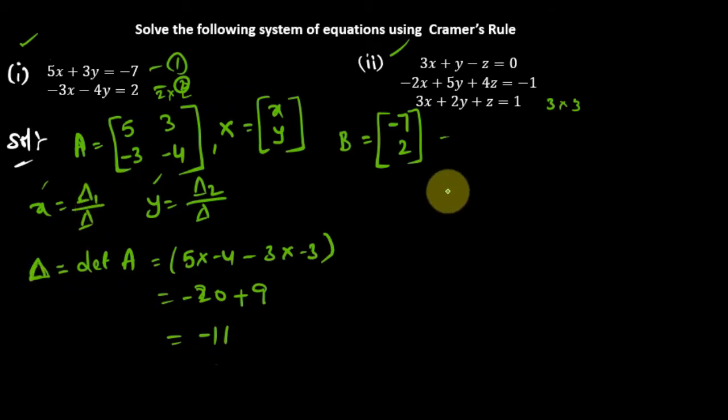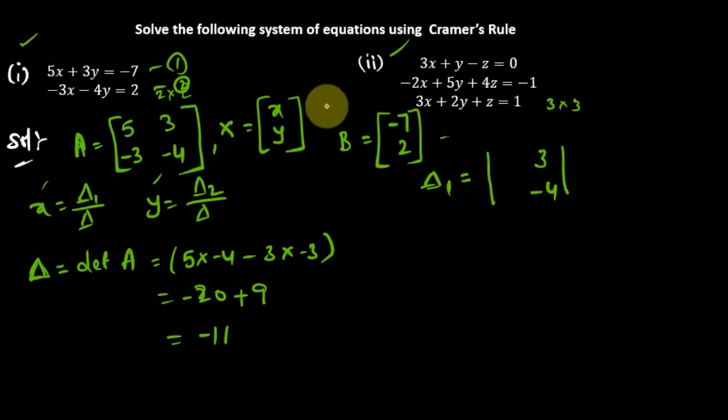Now we'll find delta 1. For delta 1, we need a matrix which is also a determinant. We need to change the first column elements with this B matrix, the constant matrix. Column 1 we change, and column 2 remains the same, so 3 and minus 4 are the same.